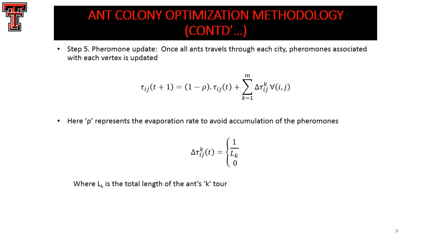This results in a high amount of pheromone on the path traveled by ant k compared to all other ants. In this manner, the algorithm proceeds. With each iteration, a suitable value of delta tau ijk is added to the paths traveled by each of the ants. In due course of time, a path with a high concentration of pheromones is considered to be the optimal path for the given problem.